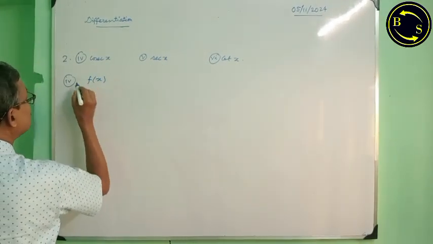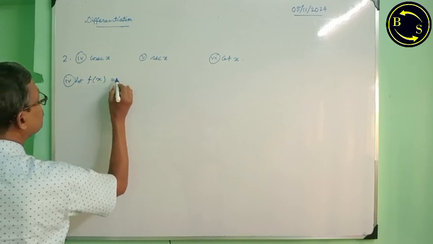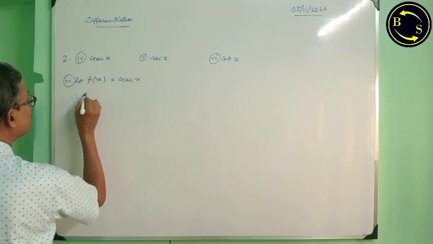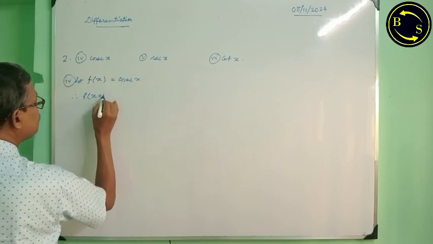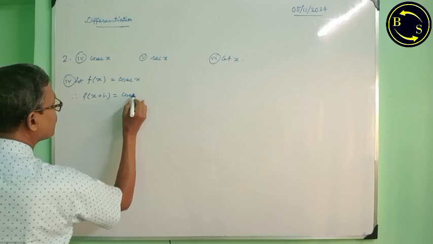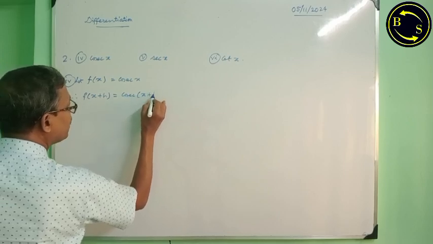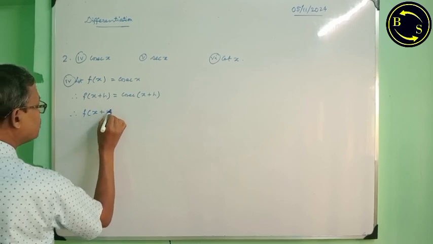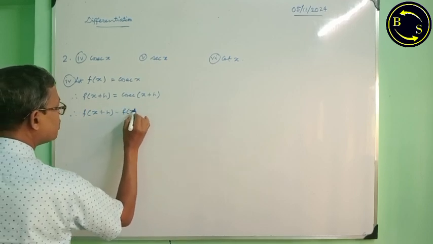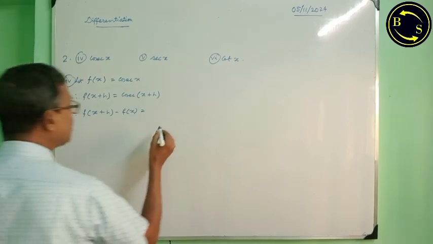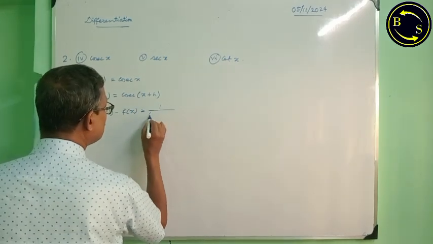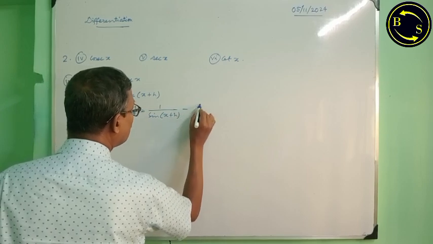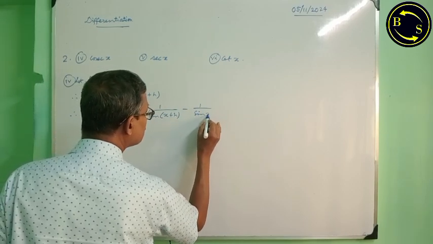Let f x equal to cosec x, therefore f of x plus h is cosec of x plus h, therefore f of x plus h minus f x is equal to, cosec means 1 by sine, therefore I write one by sine x.